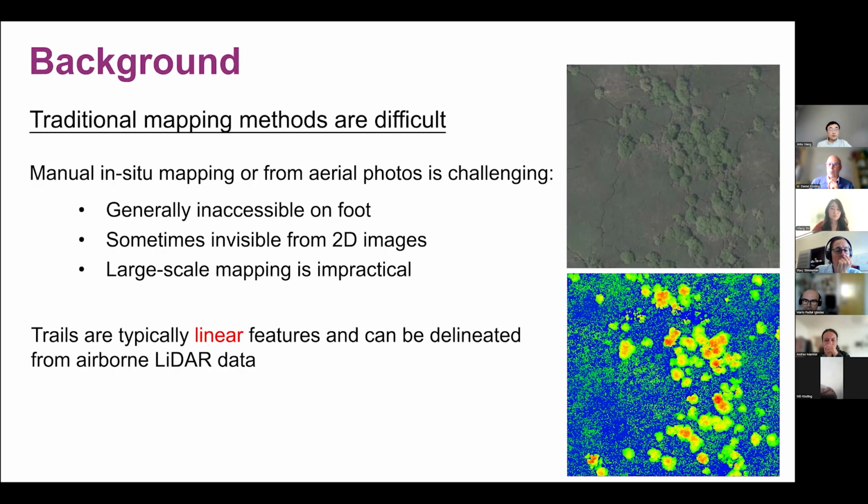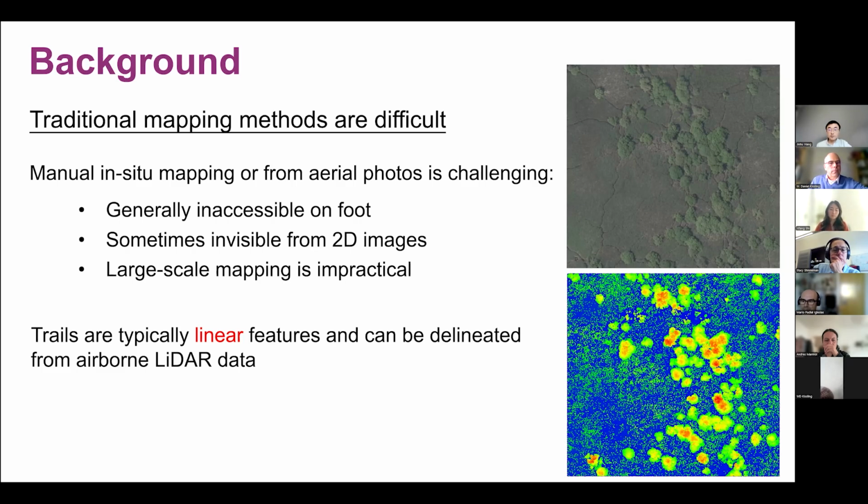Traditional mapping methods are quite difficult and often inefficient. First, manual mapping is often not feasible since these areas are generally inaccessible on foot due to marsh terrain or extremely dense vegetation. Also, the trails are sometimes invisible from 2D aerial photos because they are beneath the canopy of vegetation.